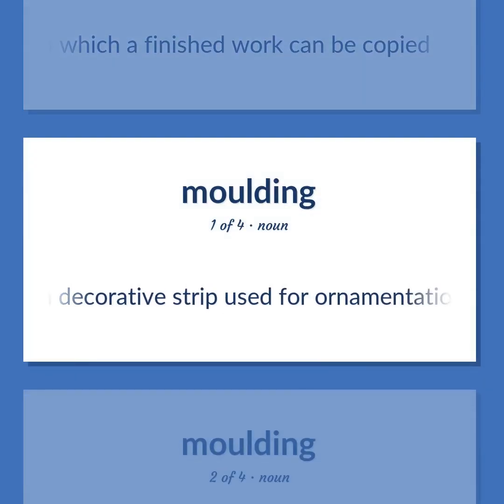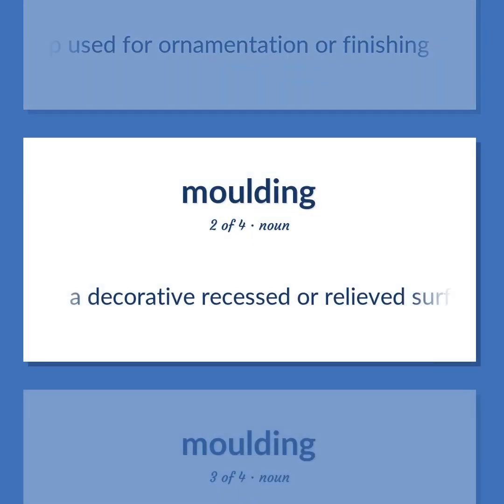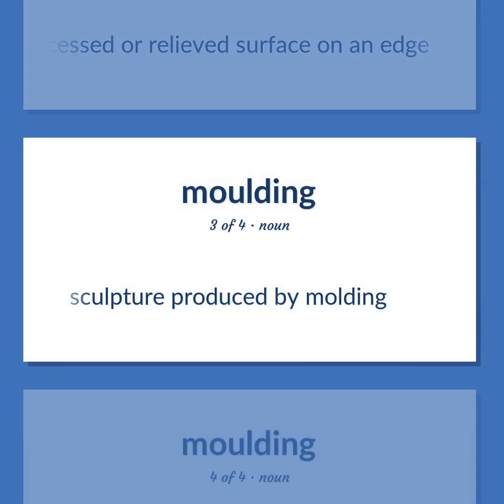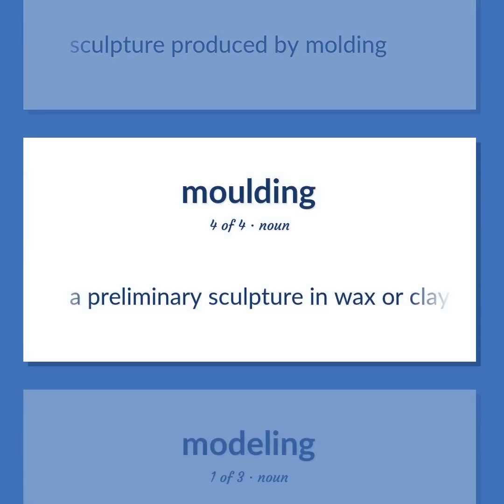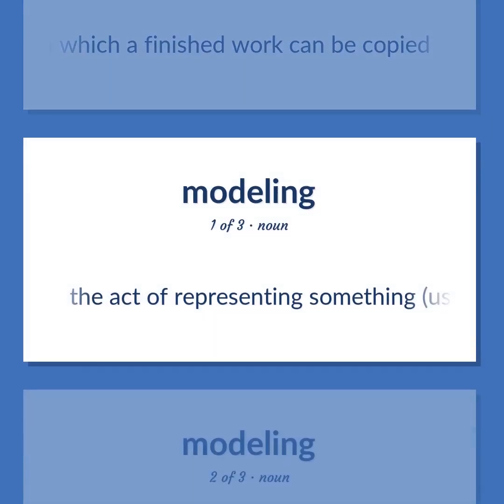A decorative strip used for ornamentation or finishing. A decorative recessed or relieved surface on an edge. Sculpture produced by molding. A preliminary sculpture in wax or clay from which a finished work can be copied. The act of representing something, usually on a smaller scale.